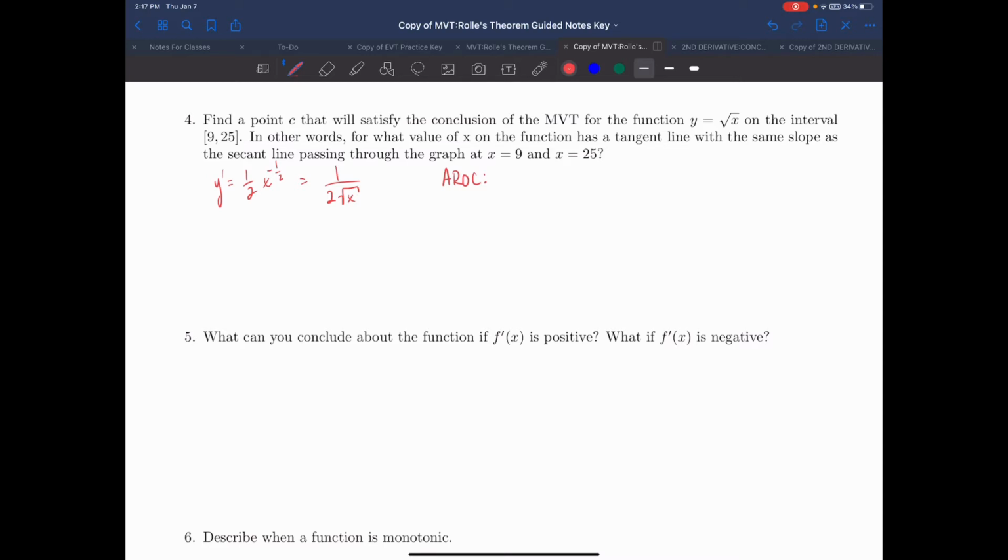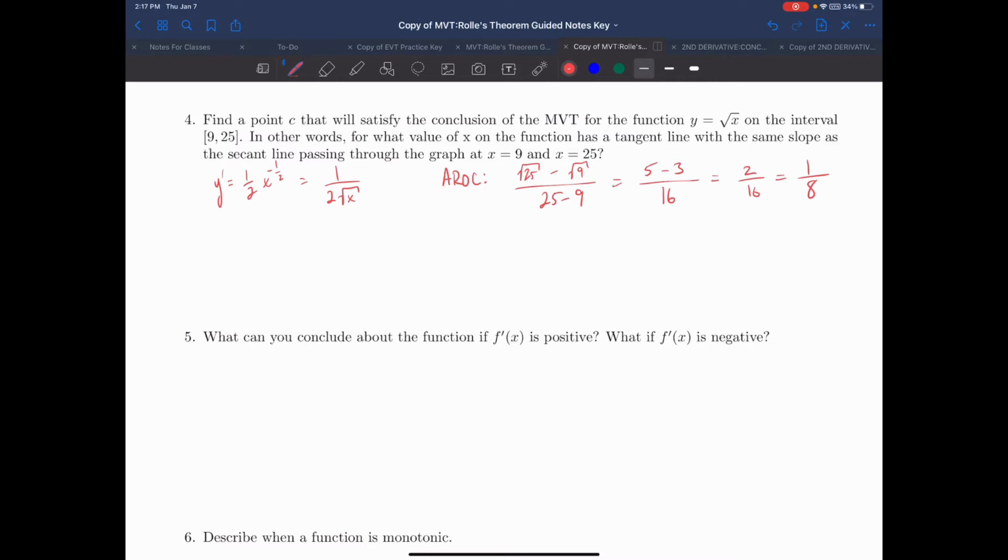So f of b, if I use 25, would be root 25 minus f of a, which is root 9, over 25 minus 9. Okay, so in the numerator I get 5 minus 3 over 16. 2/16, 1/8.